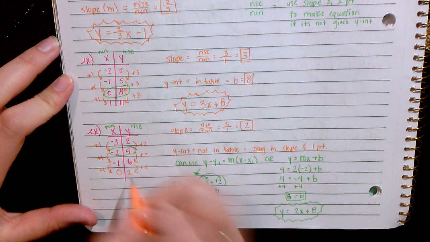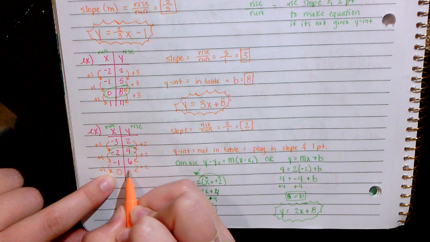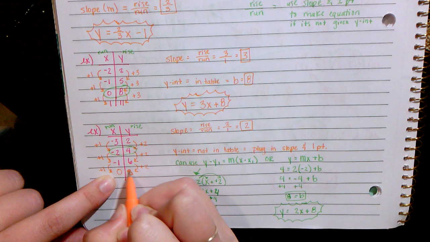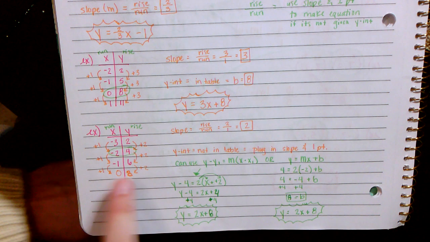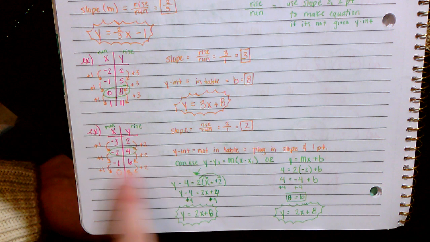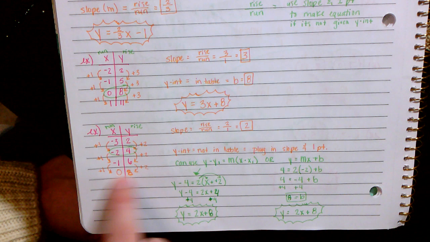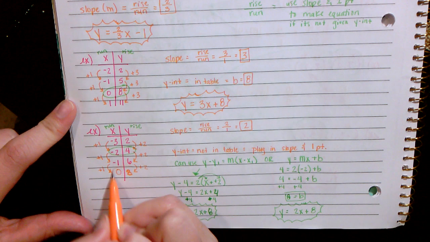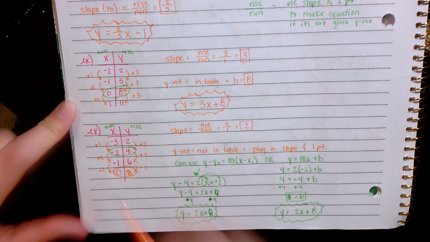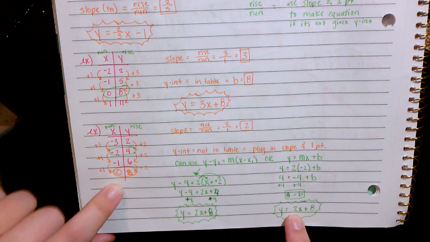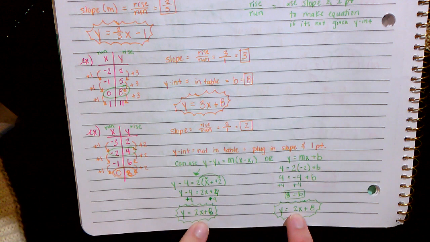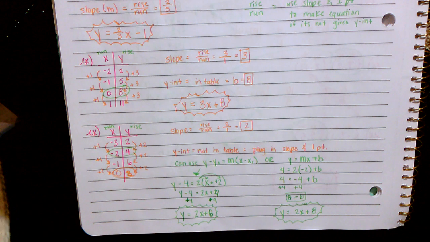If I add 1 here, I get to 0, and if I add 2 more from the 6 right here, I get to 8. And this is my y-intercept. So I can even double check it that way and find my y-intercept. The two things you need to get in this form are slope and intercept.